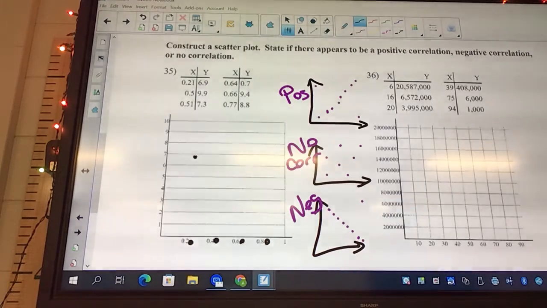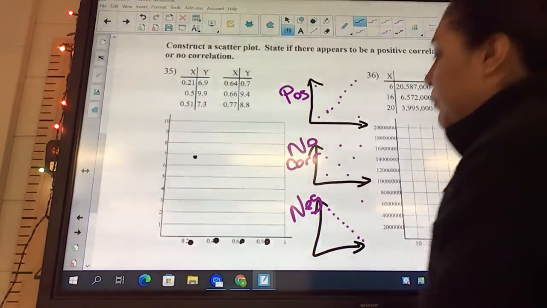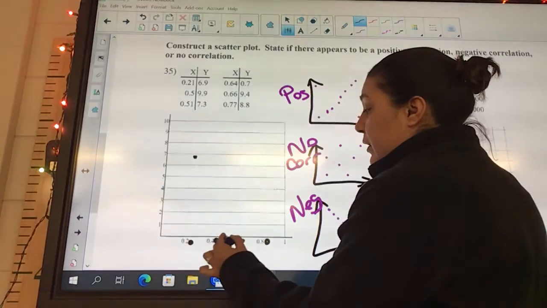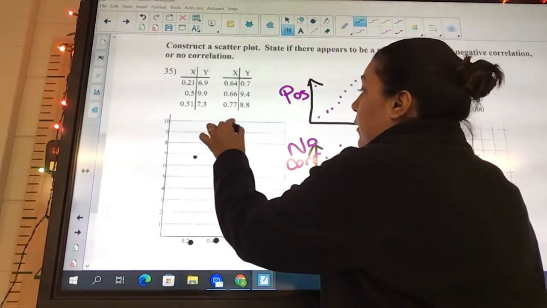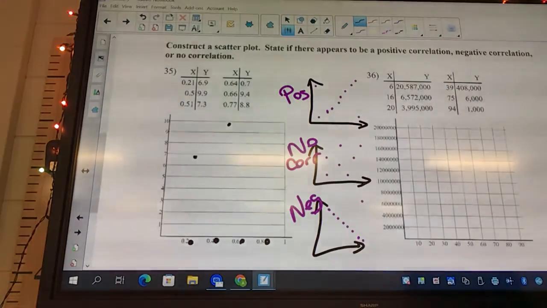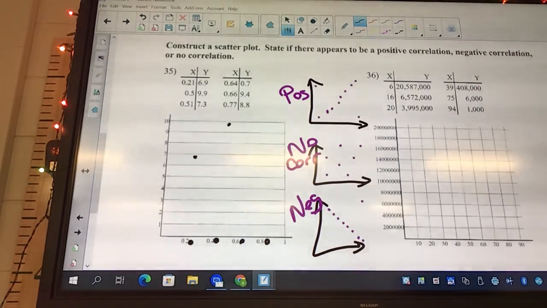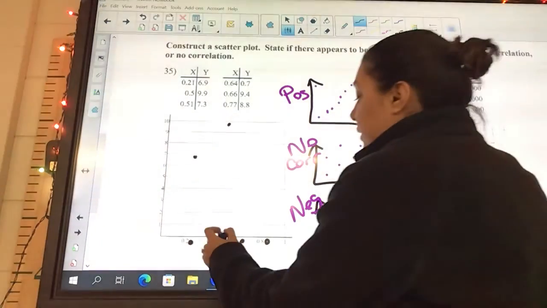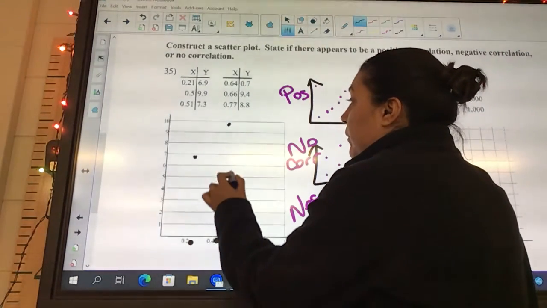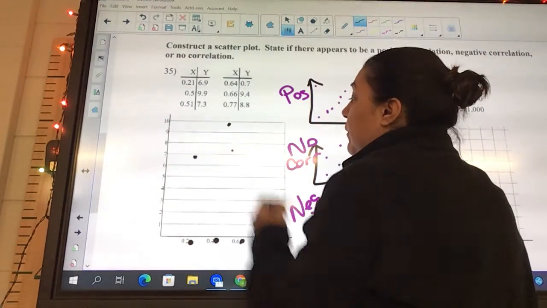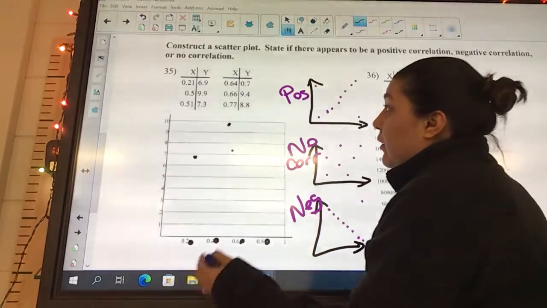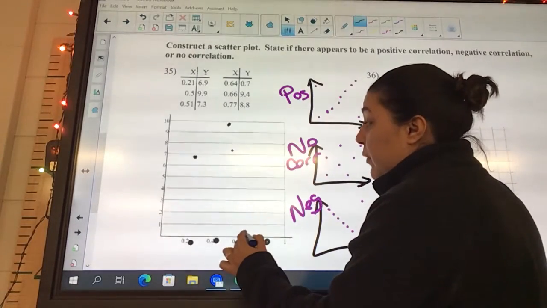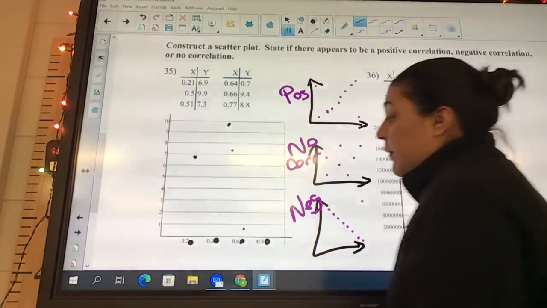Then 0.5, so 50 cents, and 9.9. So that's going to be between 40 and 60 and 9.9. Then .51, so 51 cents and 7.3. Then 64 and 0.7, so there's a difference. 64 and 0.7 is going to be way down here.